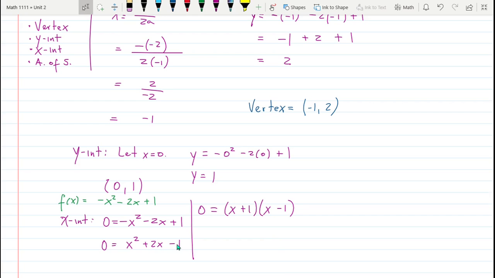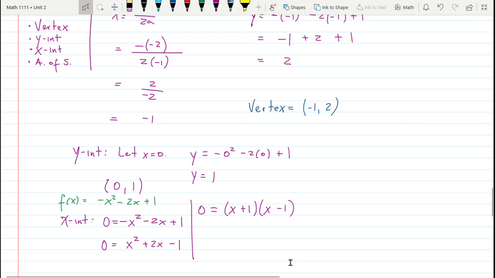But as you see, negative 1 plus positive 1 doesn't add up to 2. So it's going to be some tricky numbers.